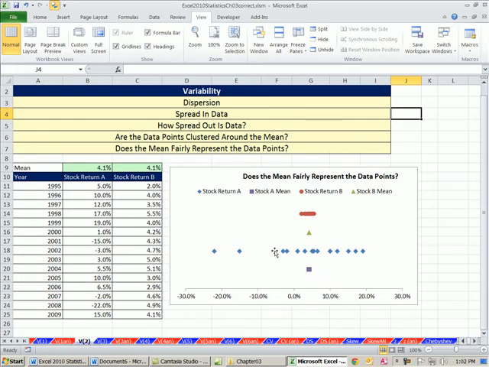These data points are really only plotted on one axis, right? This means we had minus 22%, minus 15%, 1% return, 19% return, right? This is the average plotted right here. So it's about 4.1, and all those ones are right in this range here.